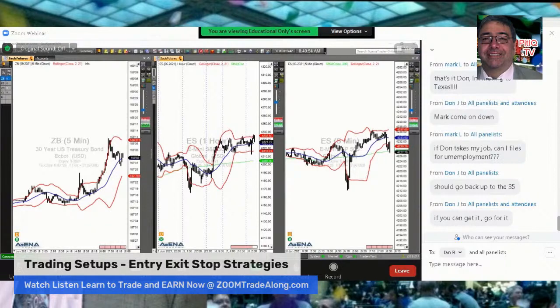All right, we're continuing to downtick here. We're looking at the 24 area there as the next support level.